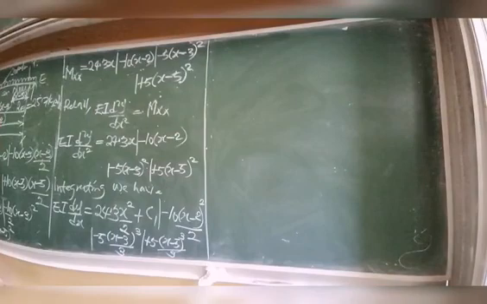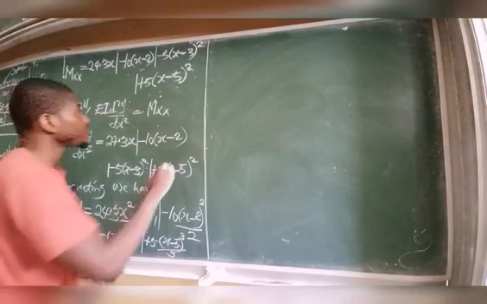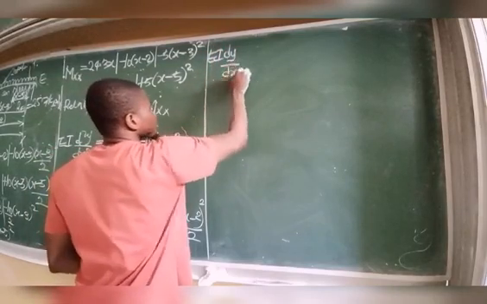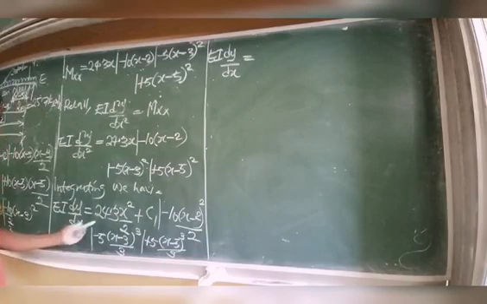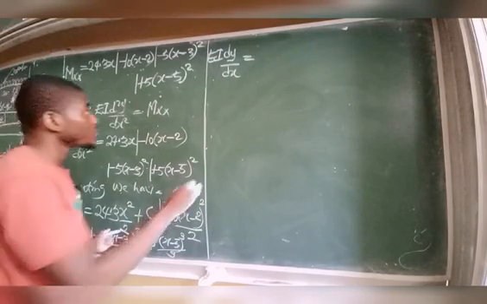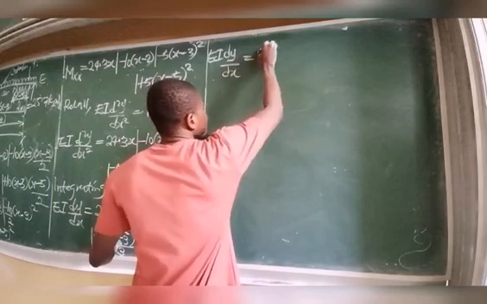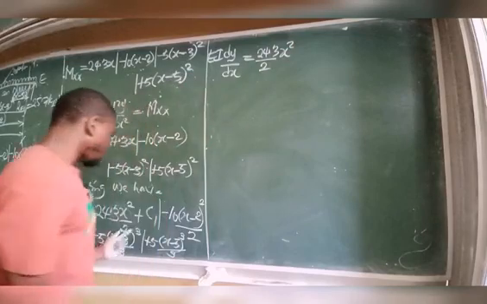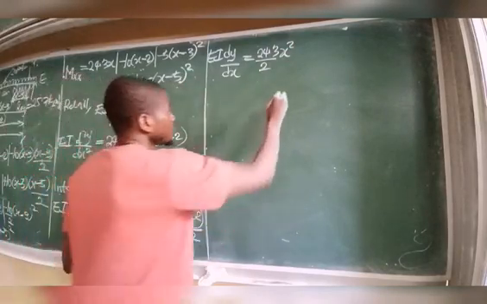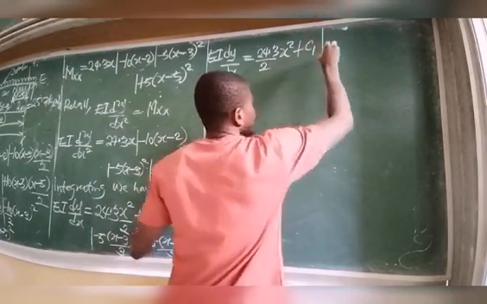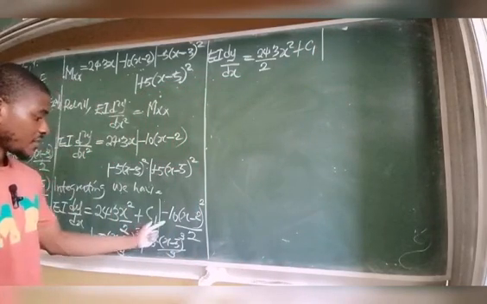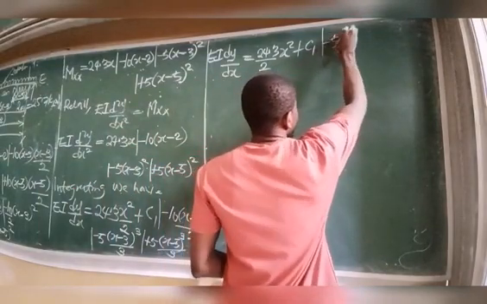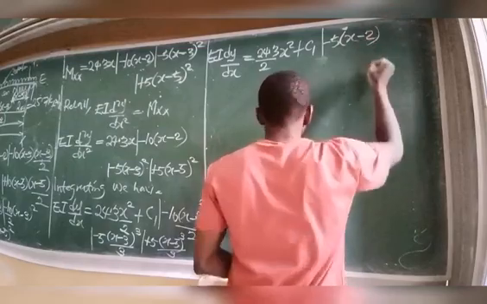If I rearrange this equation now, I will simply have EI dy/dx is now equal to 24.3 divided by 2, I'll put down my x squared plus my first constant of integration, plus C1. Put down your Macaulay's bracket. I have here minus 10 divided by 2, and that should give me minus 5 into x minus 2 to the power of 2.